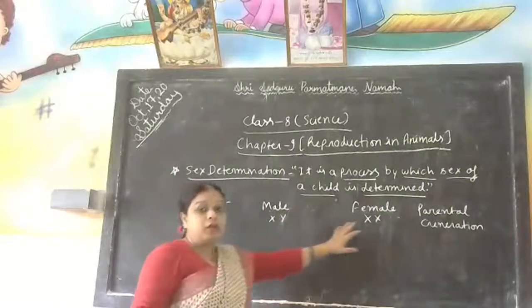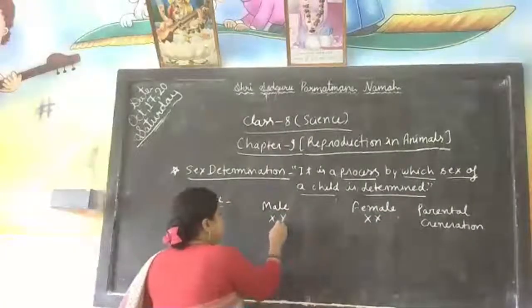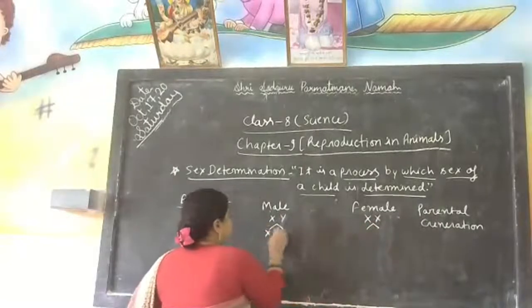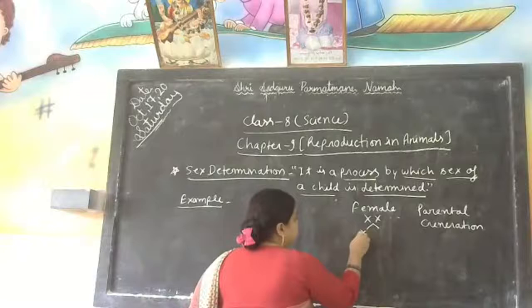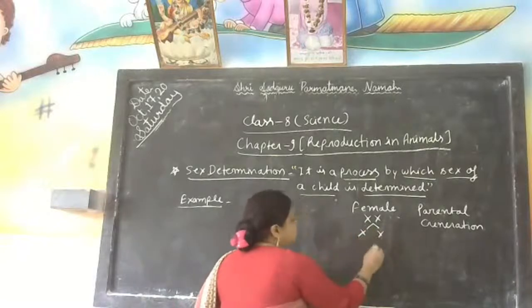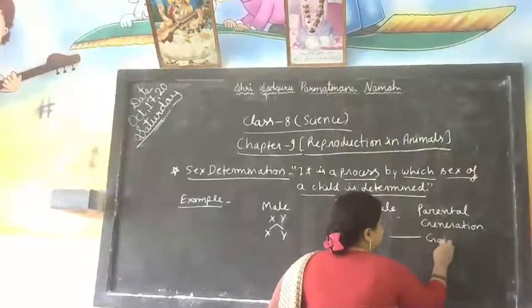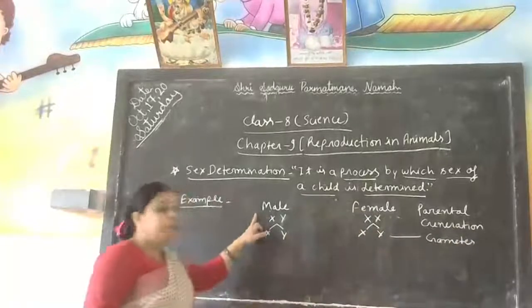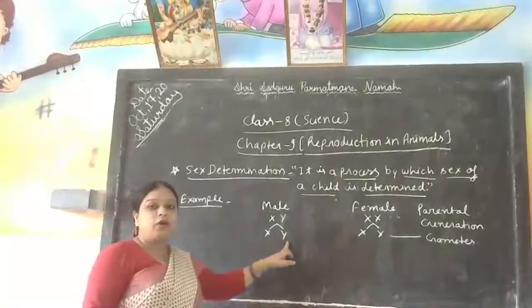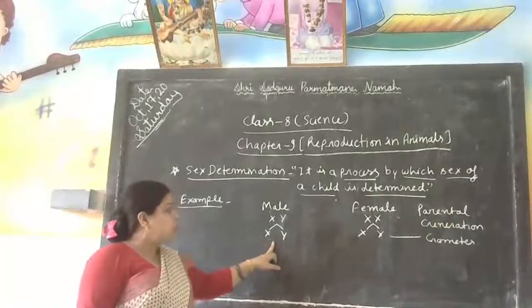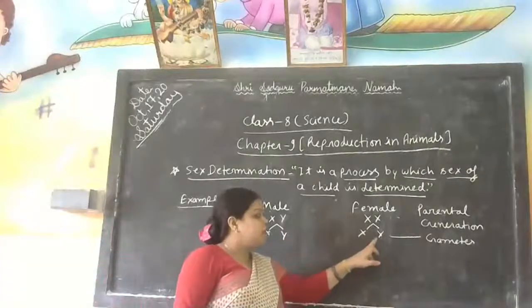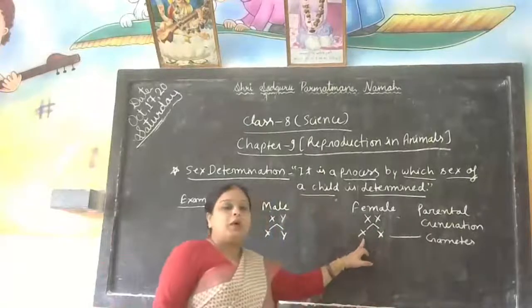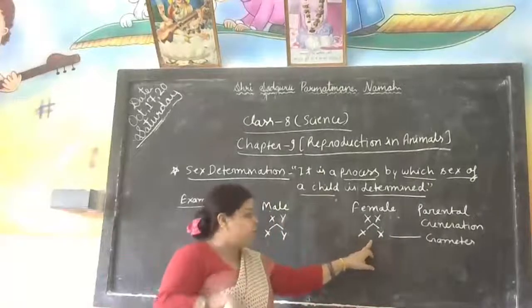They have gametes. In male, X and Y. These are two gametes, and in female, X and X. Here, two X gametes are present.